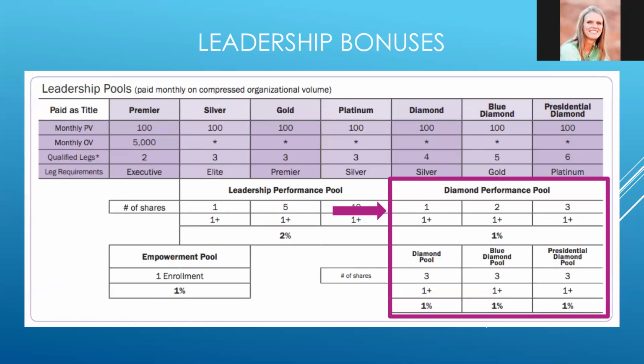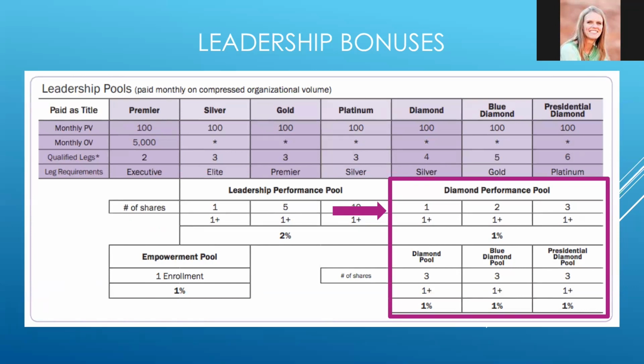So that's what I was saying, where people sometimes think that the big paychecks come from those performance pools, from these leadership bonuses, but it isn't. It is definitely from the levels where that high amount of money is coming from. Now, I will say these leadership bonuses are nice. I mean, the diamond bonus is around 4,000, and the blue diamond is around 11,000.